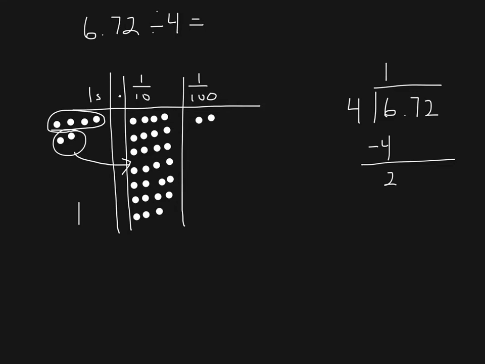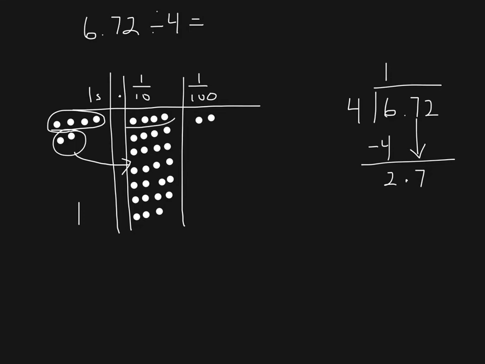Now, since I already had 7 there, that means that I've now got 27 in the tenths place. So on the standard algorithm, what that means is I'm taking this leftover 2 in the ones place and I'm turning that into 27 tenths. 2 and 7 tenths is the same as 27 tenths.